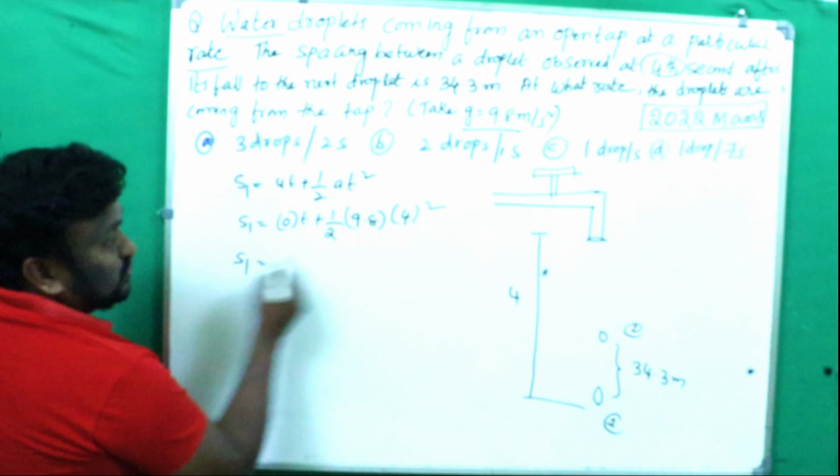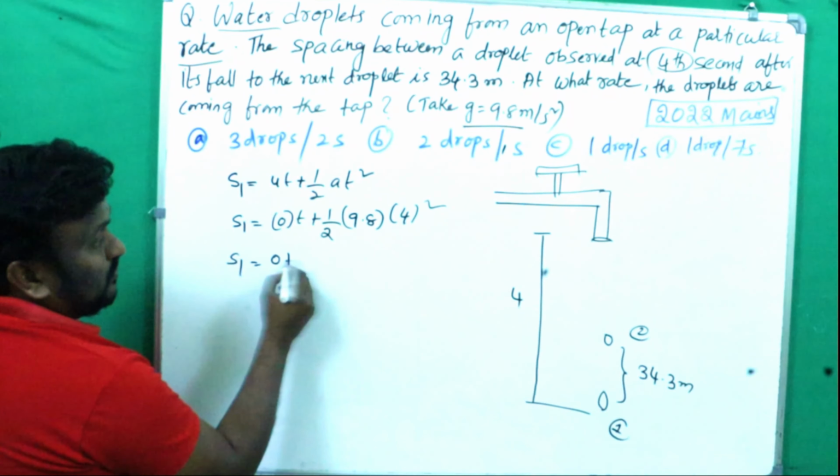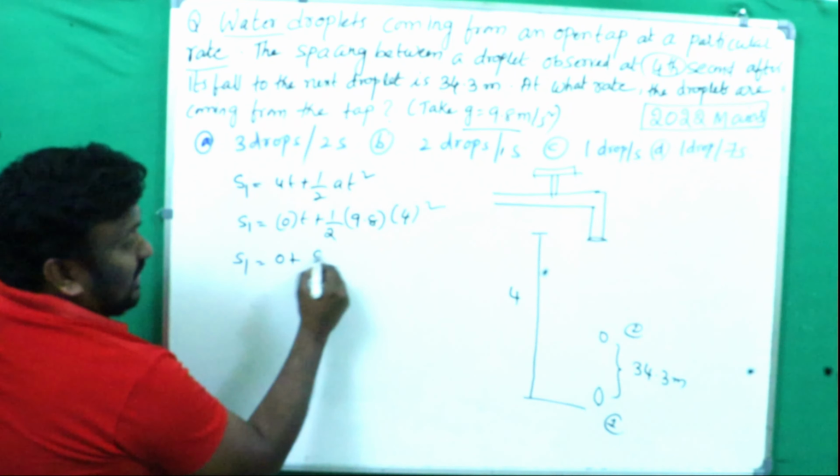Then S1 equals 0 plus 9.8 into 16 by 2. So S1 equals 9.8 into 8. 8 8s are 64, and 8 9s are 72, plus 72, that gives 78.4 meters.